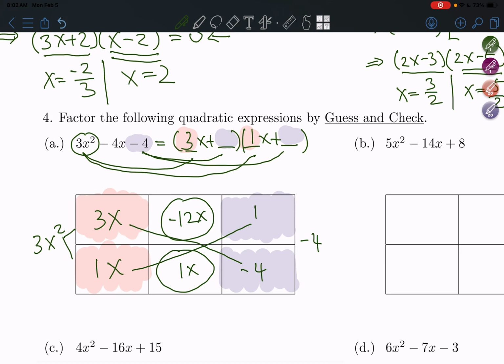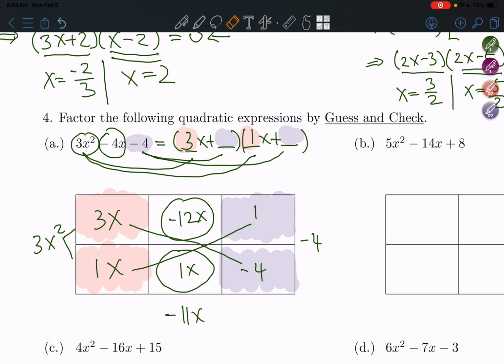And in this particular case, I get negative 11x, which is not the number I'm looking for. I need negative 4x. So I know from here that this is not the right choice. This is where the guess and check happens. So we're going to repeat this process over and over again until we get to the right factor.